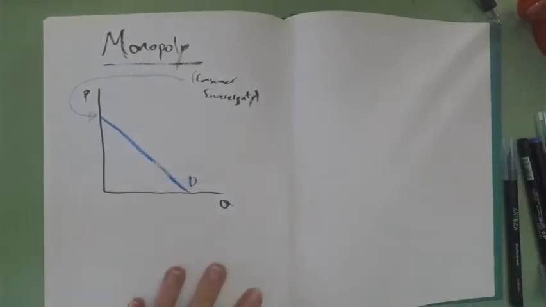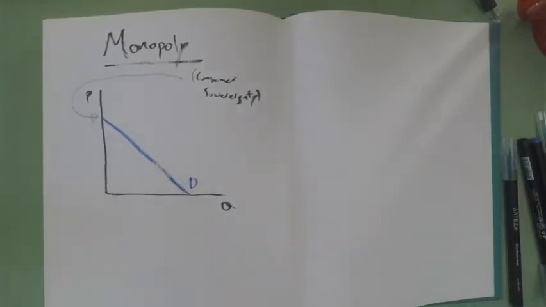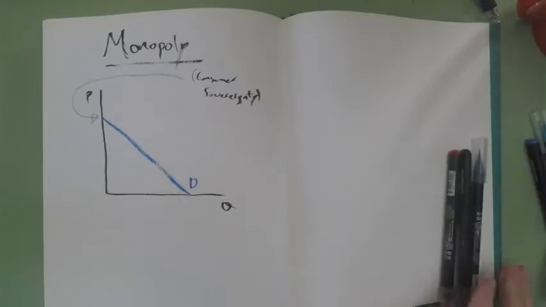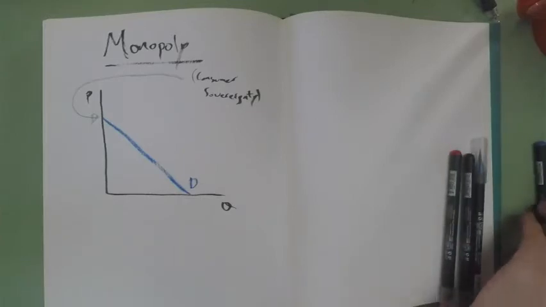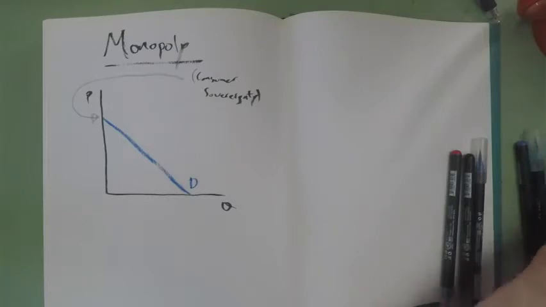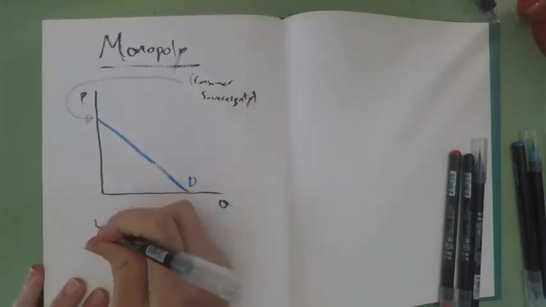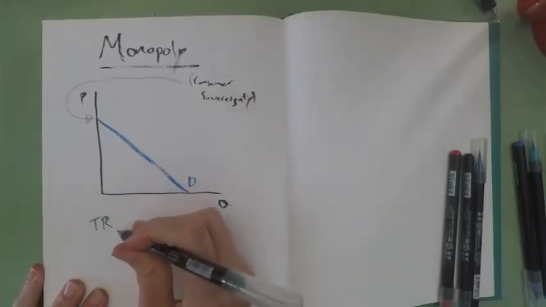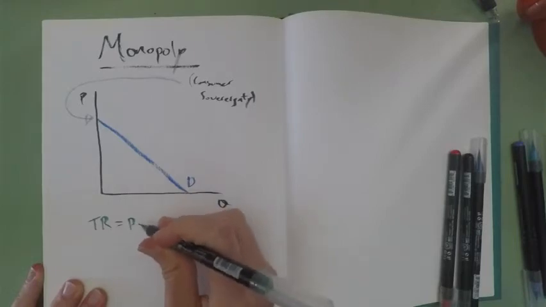So, given this demand curve, what we want to do is convert this into something that we can maximize. And we kind of did a version of this earlier on in the semester in 250, but here's really what's going on. We're thinking about total revenue, which is just price times quantity.